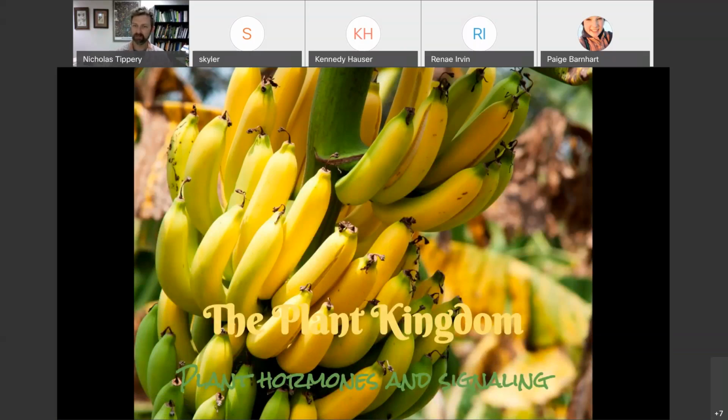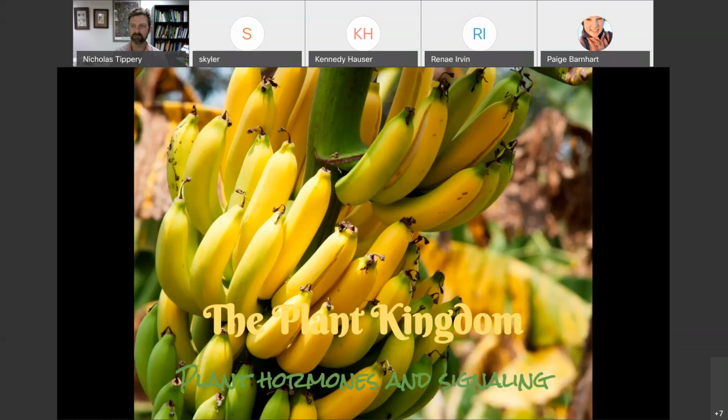So kind of continuing our focus on molecules here, we talked about secondary compounds. Kind of a specific category of secondary compounds are the hormone molecules. So hormones are responsible, as we'll see, for a few different processes in plants, including, as shown here, ripening.